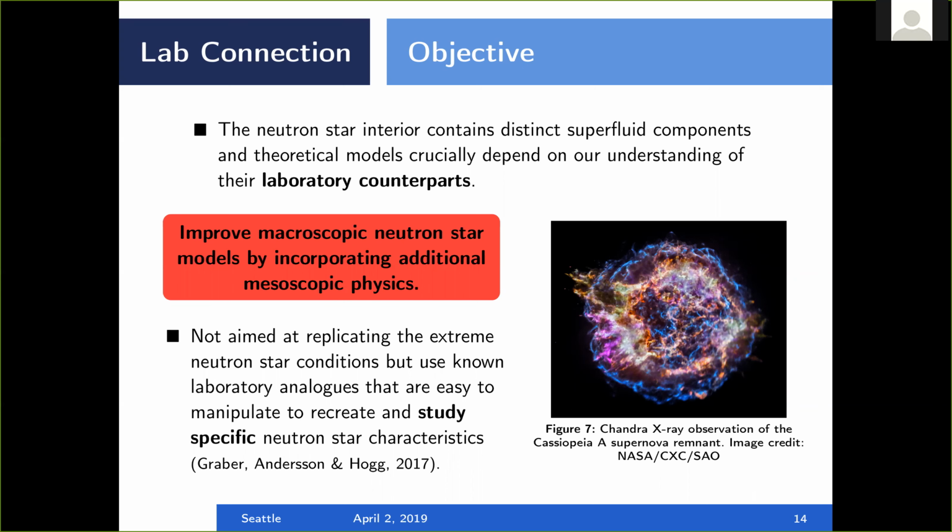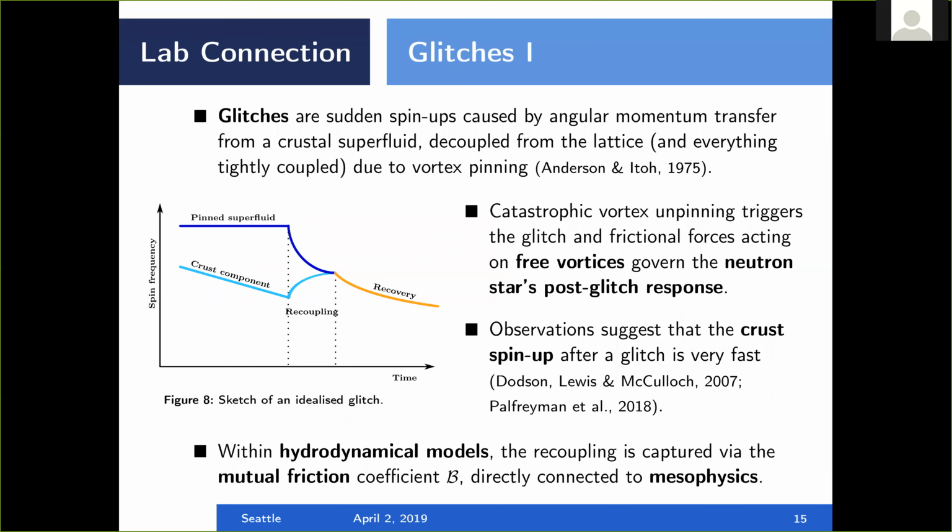I want to study that mechanism better using a laboratory system, and then put that feedback into how I write down a hydro model for the neutron star. Okay, so the classic setup where we think superfluidity plays a role is glitches.